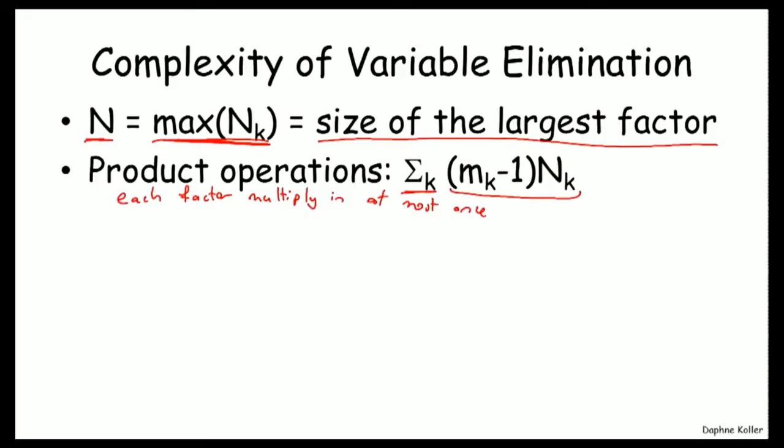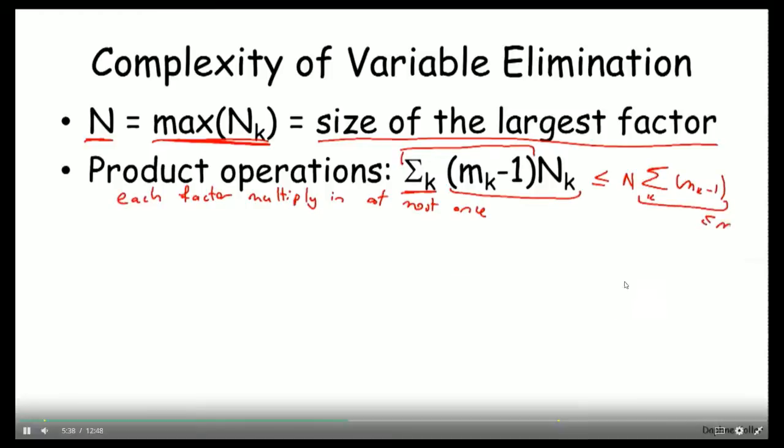Which means that the sum over k, mk minus 1, is at most the total number of factors. And so, said otherwise, we can write that this is less than or equal to n times the sum over k, mk minus 1, and this is less than or equal to m star. Because this is at most the total number of factors in my universe of factors.